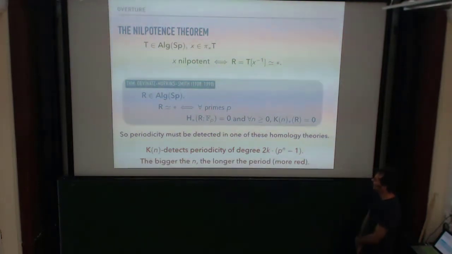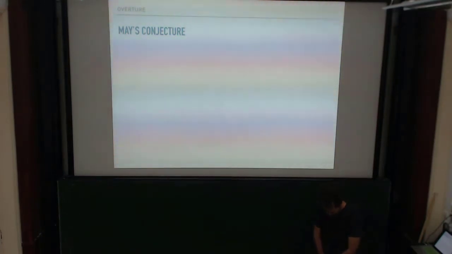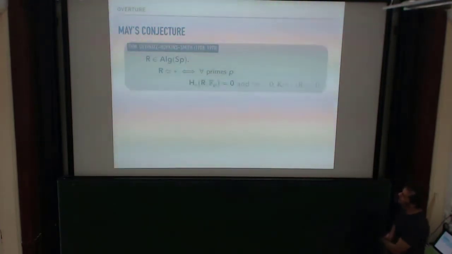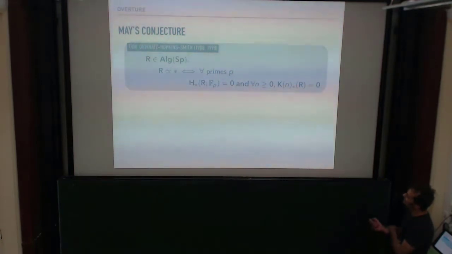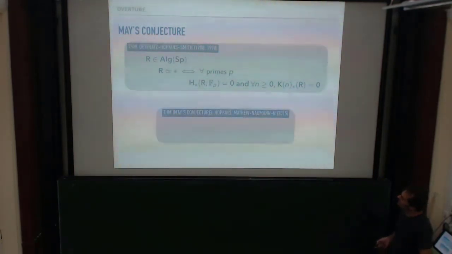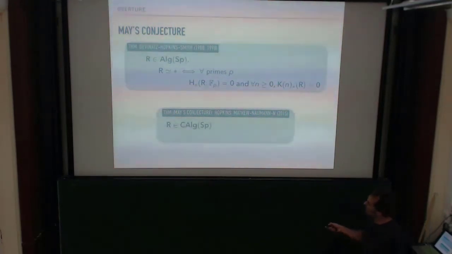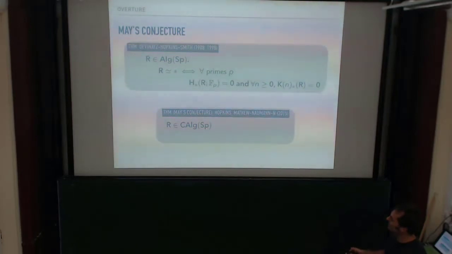All right. So in the 80s, '86 I think, Peter May made a conjecture which is supposed to simplify this result under some stronger hypothesis. So the result is now, rather than just having an algebra in spectra, I take a commutative algebra in spectra.